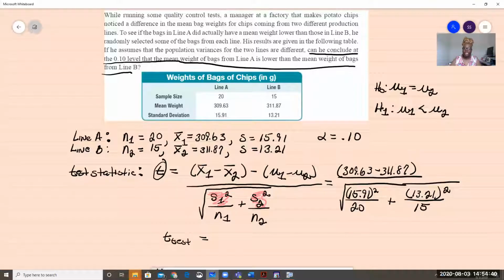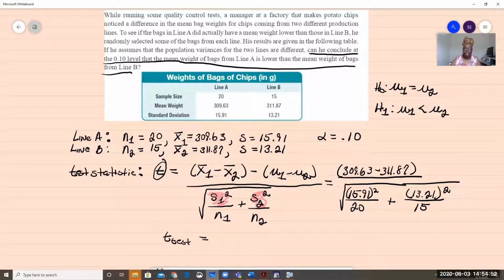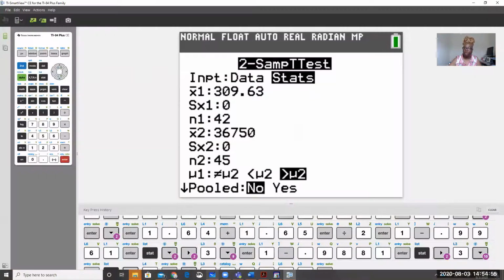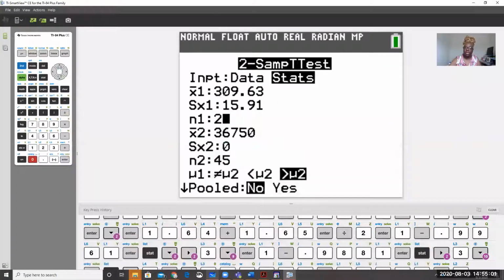The first thing is x sub 1, 309.63. The standard deviation of that is 15.91. N was 20.